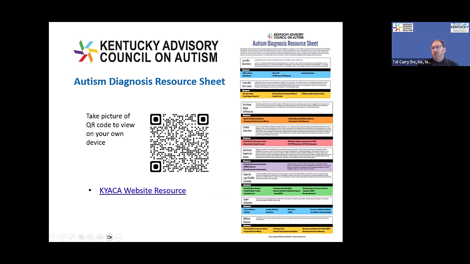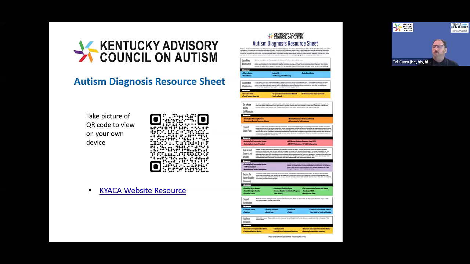Now, if you go to this QR code or the website, it will say New Autism Diagnosis Resource Sheet. That just indicates that there were a few mistakes on that, as well as a few edits that we've made. We're getting ready to finalize a couple more edits, and then we will get that up on the website. So you are getting that early.